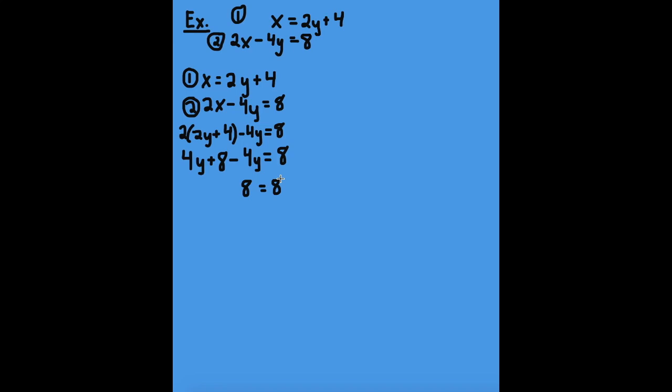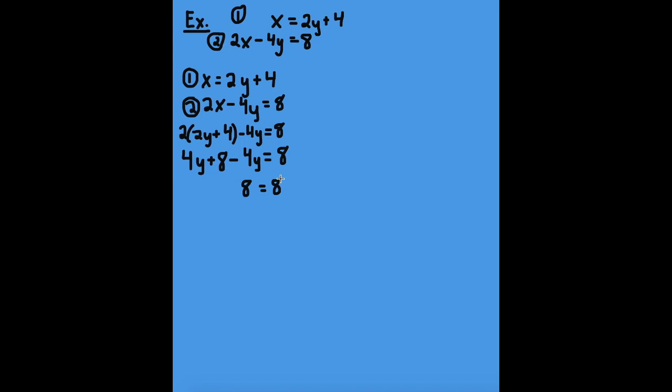This is also interesting. We get the y terms canceled out with each other, and in the end we don't have any y terms left. We are left with 8 equals 8. In the last problem, we had 36 equals 6, and since 36 does not equal 6, we concluded that the system of equations has no solution.